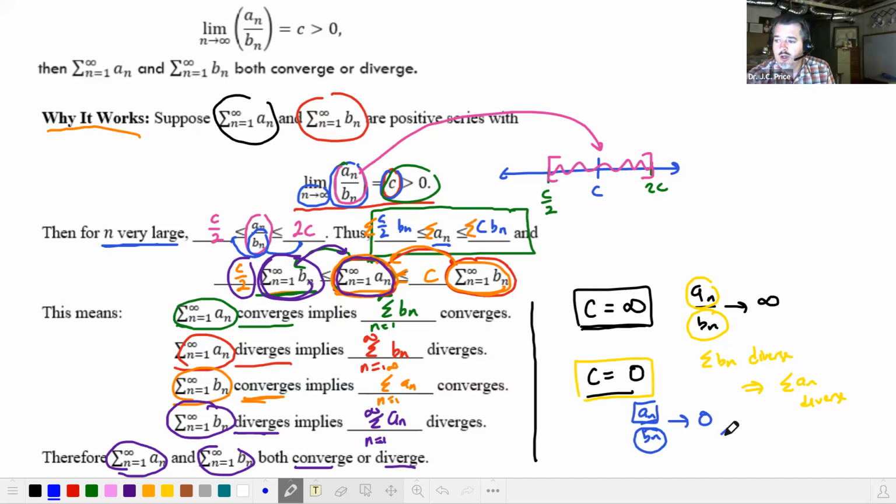So if you know the sum of the b sub n's converges, it's going to imply the sum of those a sub n's also converges. And those are those little subcases that I don't push real hard in this class, but I'd like to show you because you can get a little bit more out of this limit comparison test if you want to.